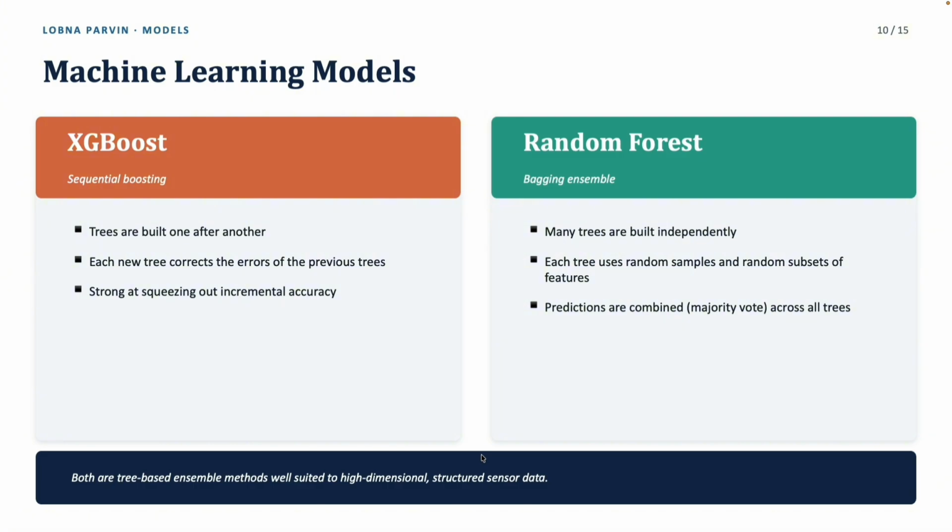On the other hand, Random Forest uses a bagging approach. It builds many decision trees independently using random samples and random subsets of features. Finally, the predictions from all the trees are combined using majority voting. We selected these two models because they are well suited for our high dimensional sensor dataset.